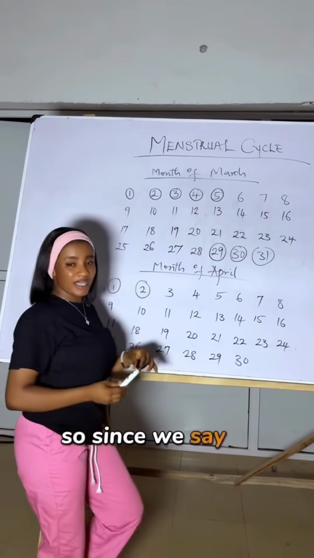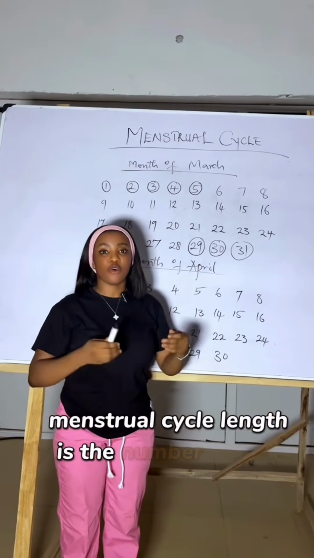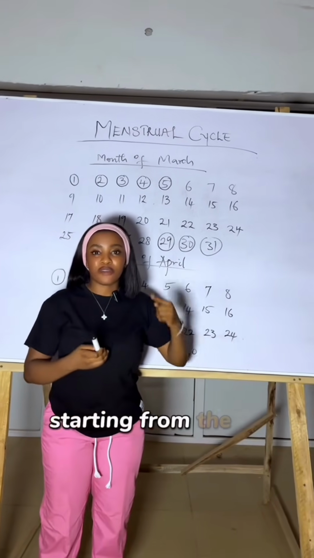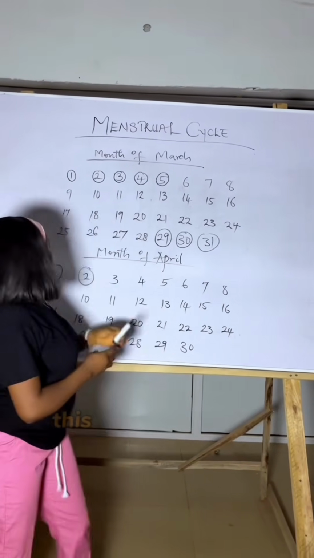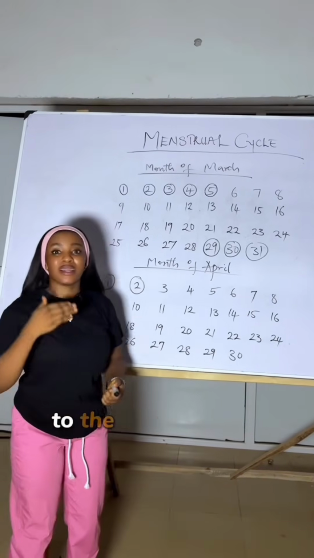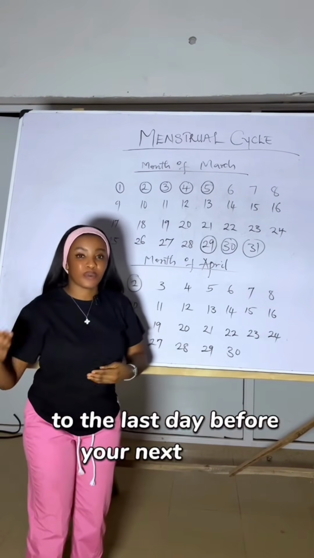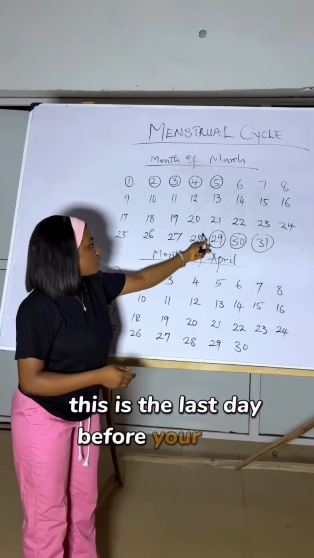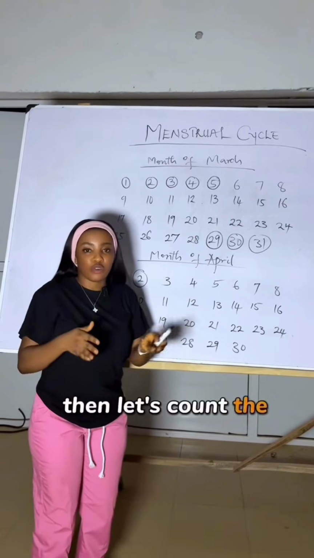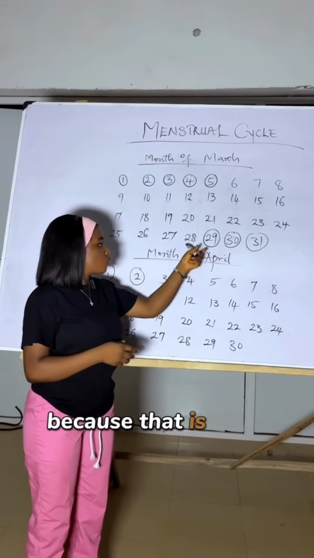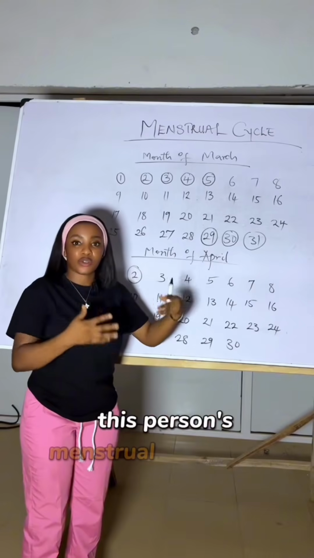So since we say that menstrual cycle length is the number of days starting from the first day of one period to the last day before your next period, let's count the number of days we will get, because that is what is going to give us this person's menstrual cycle length.